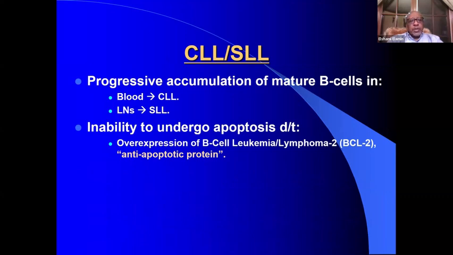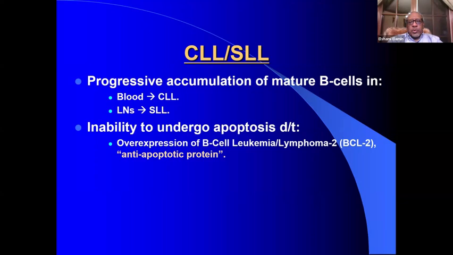How does that happen? Those lymphocytes lose the ability to undergo apoptosis, and that is due to overexpression of the B-cell leukemia lymphoma 2, which is BCL2. BCL2 is the anti-apoptotic protein. So those cells do not undergo apoptosis, which is programmed cell death.